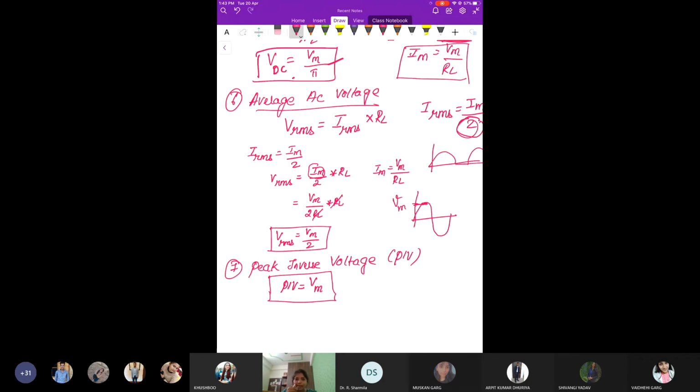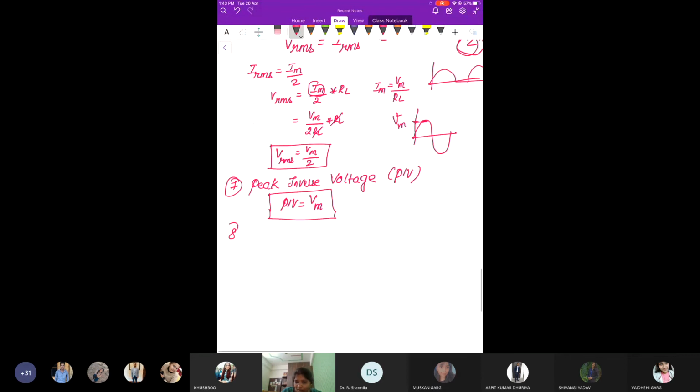The next parameter we are going to measure is the transformer utilization factor, that is nothing but TUF. The formula for the TUF: you know that in the rectifier, in the output we are getting a DC.